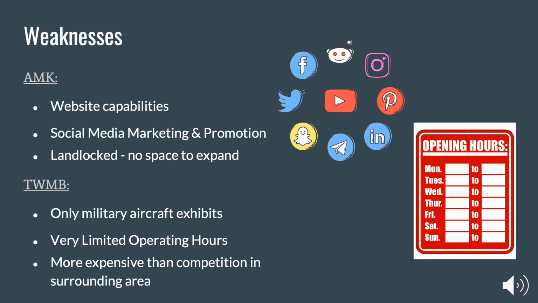And with that small facility, they're only getting to see military aircraft. This could pose as a weakness because larger families would then have to spend more money per person, or spend more money per visit because they have a larger family or more adults in the family. So that would be another weakness.